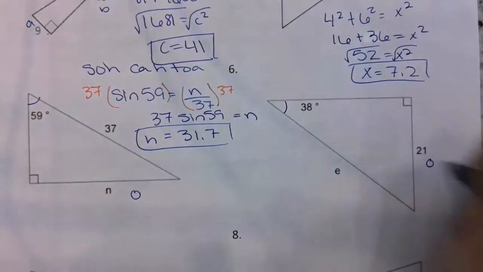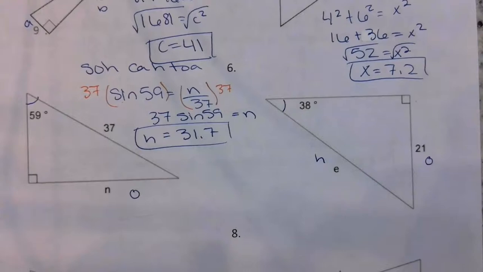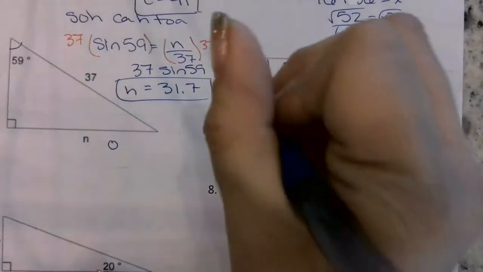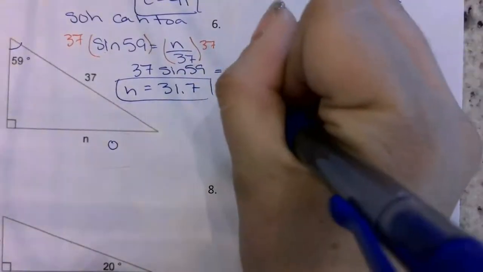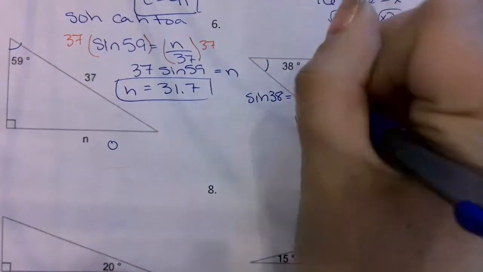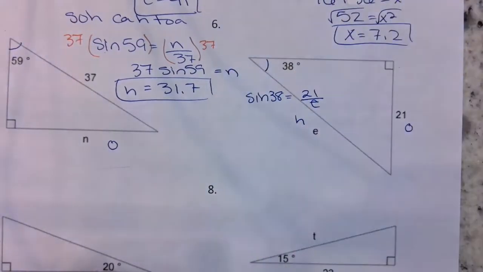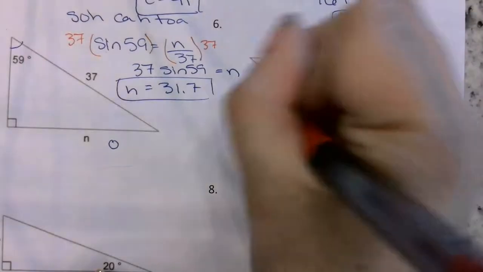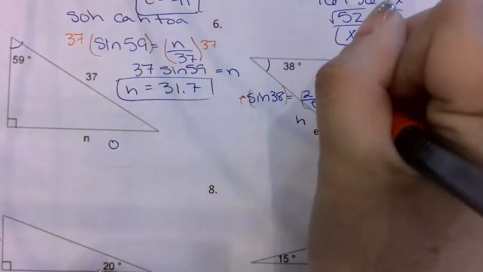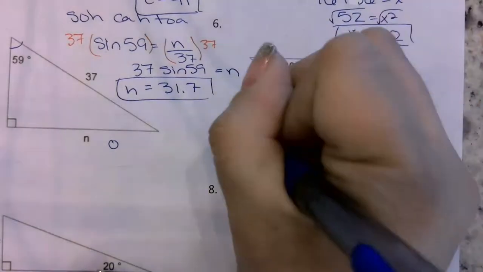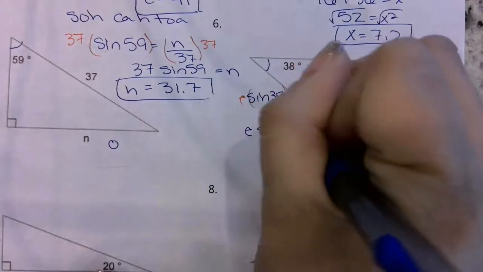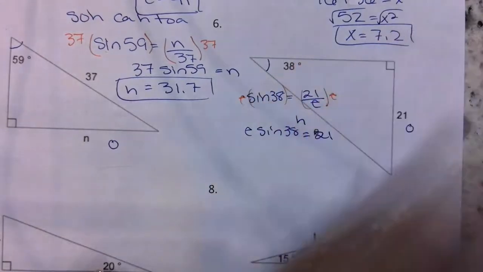Same thing over here, so I know my angle, I know my opposite, and I'm looking for my hypotenuse. This is sine again. I'm going to have sine 38 equals 21 over e. I want to get rid of the fraction, so I'm going to multiply both sides by e. I get e sine 38 equals 21.